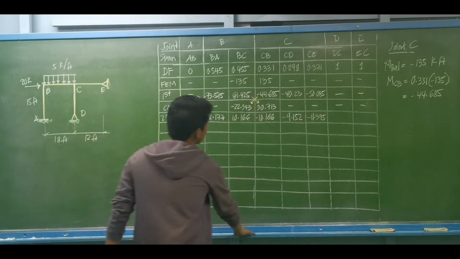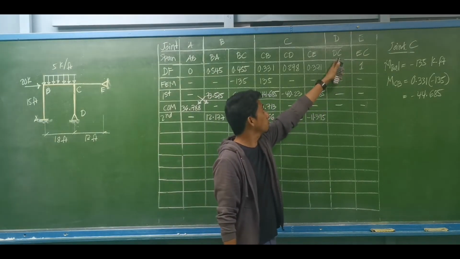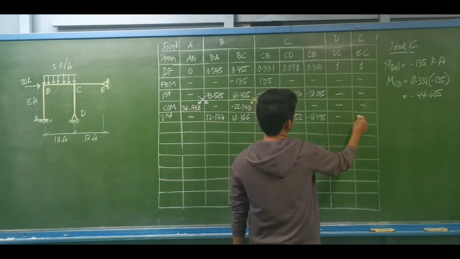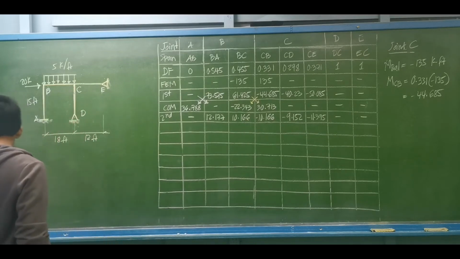Okay, then again, for endpoints or for supports for CD, that is your distribution factor times your moment, but these values are 0. So that will be our second distribution. So we have to proceed with the carryover moments.